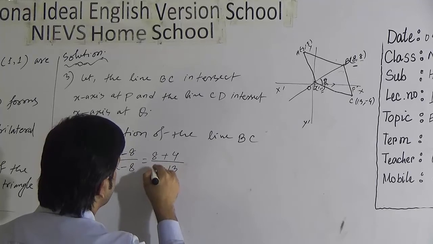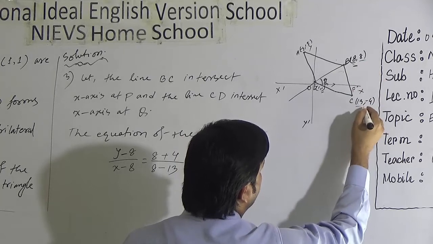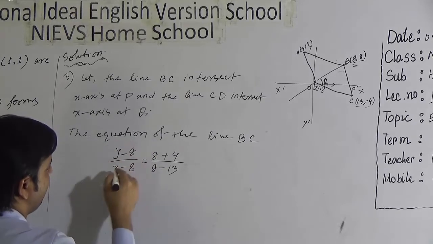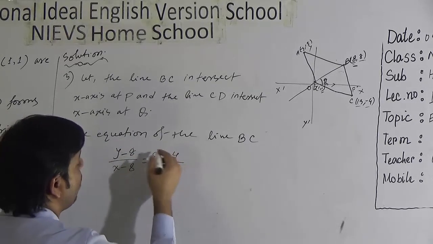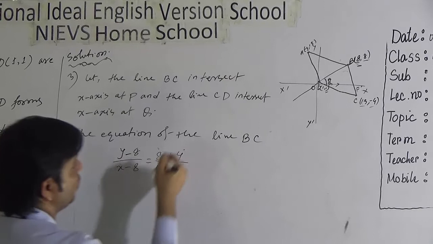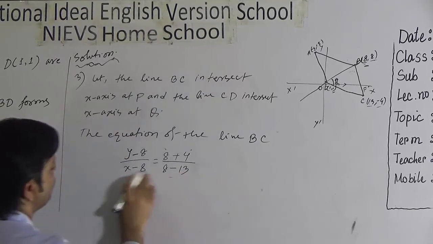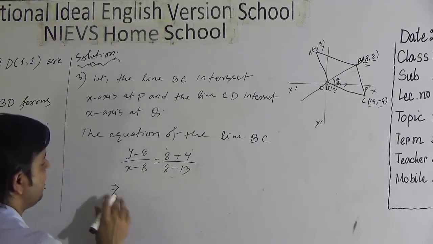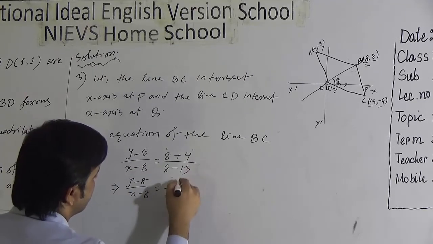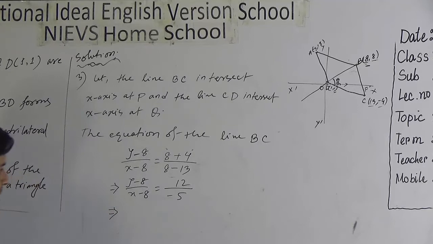So x1 is 8, y1 is 8, x2 is 13, y2 is minus 4. If we calculate, we get (y minus 8) by (x minus 8) equal to 12 by minus 5. So what will be the equation here?